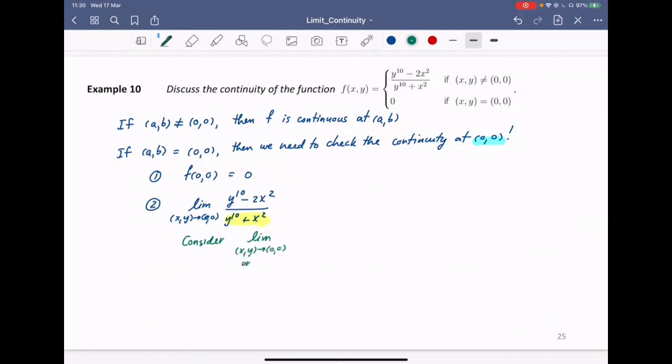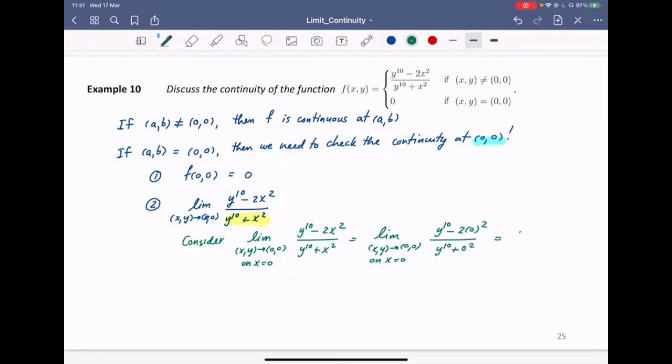Let's say on x equal to 0 first. I'm sorry, I am so addicted to copying the question, so I have to write everything in full. So it's going to take time for me to write everything. So here, y to the 10 minus 2 times 0 squared over y to the 10 plus 0 squared.